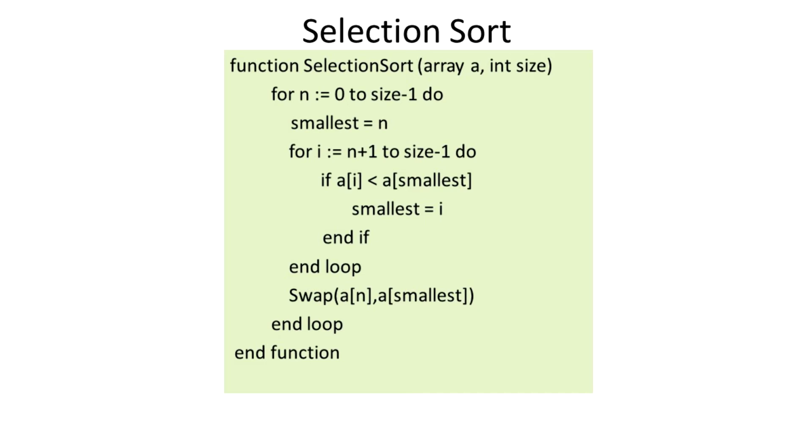And then we iterate through the array looking for the smallest value, which we then want to place in that first position, which n or smallest holds, which is 0. So we repeat through until we find that, and then we pass those 2 indexes to the swap method, which we looked at earlier, and then that will swap the positions of those 2 values. And then of course we repeat this until we have an ordered list.